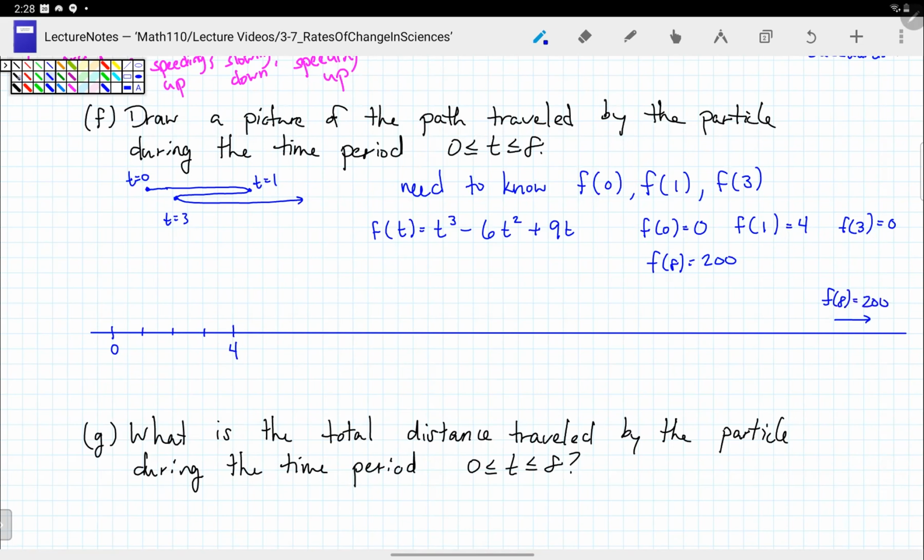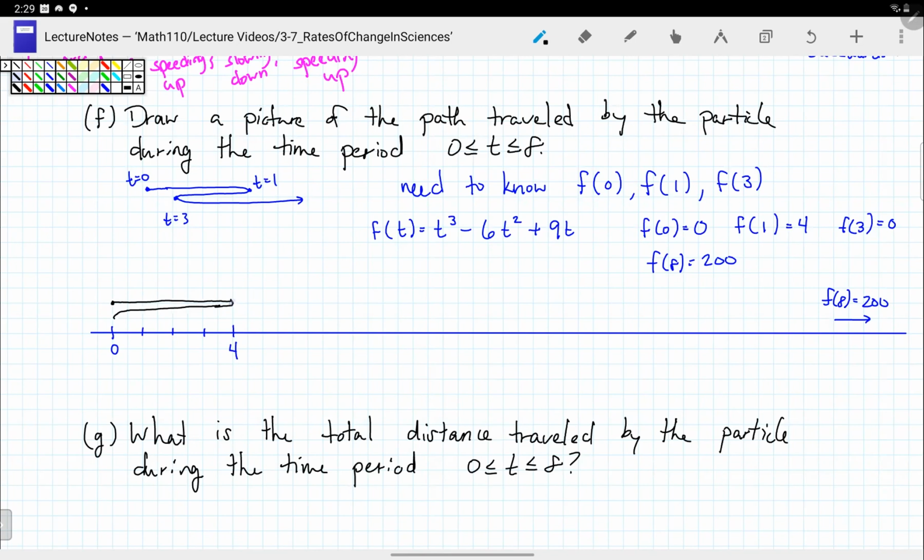So if I kind of mark what my path is, I start out at 0 at t equals 0. And then for the first 1 second, I go up and I go to 4, and then I turn around and go back. And then for the next 2 seconds, I travel back to 0.